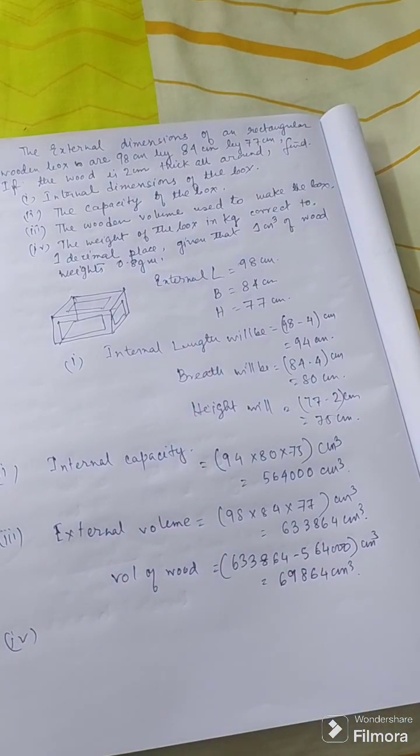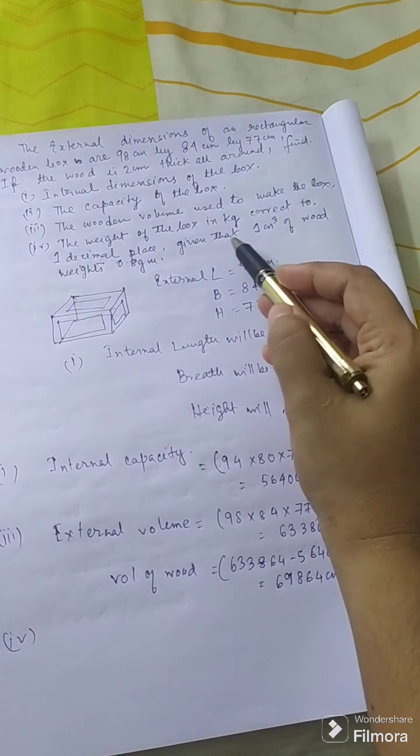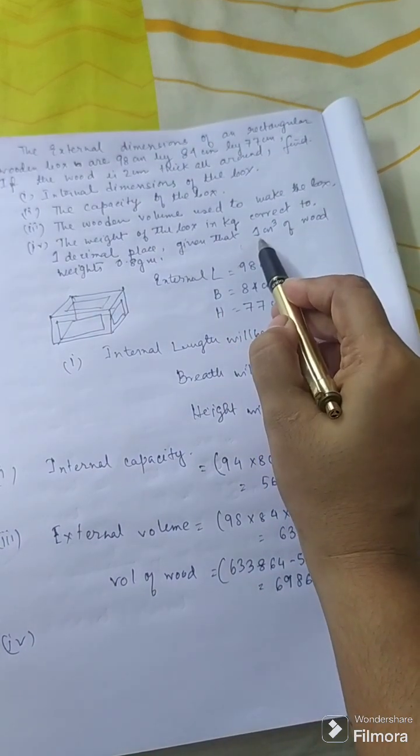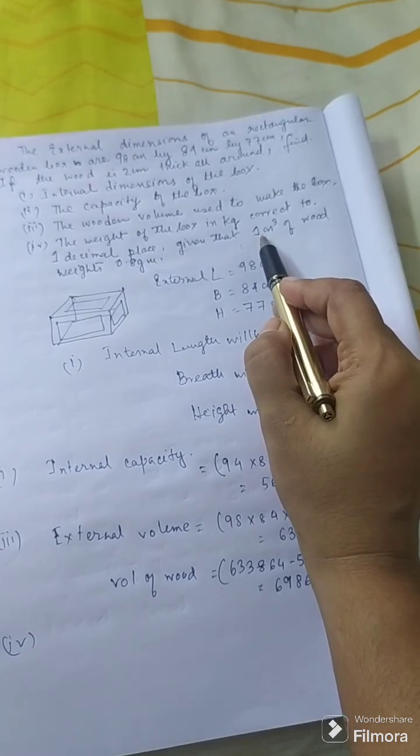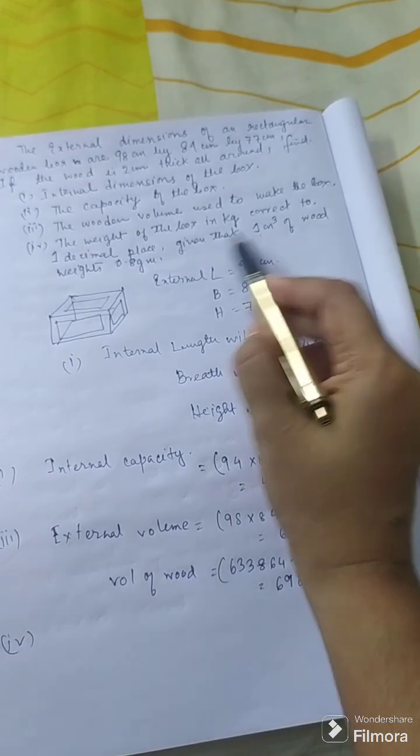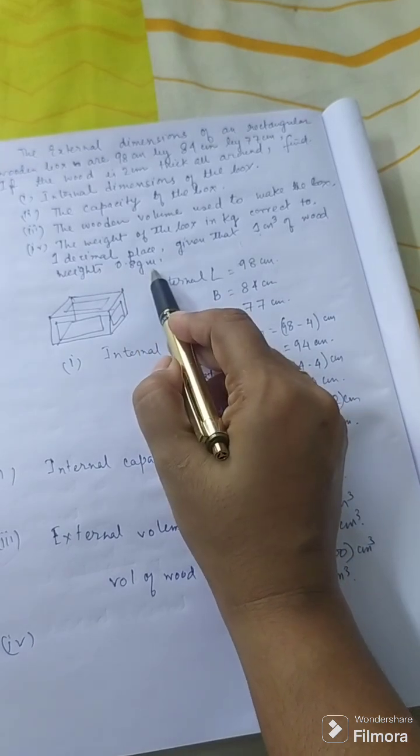Now the last question, the weight of the box. Obviously the weight of the box will be equivalent to the weight of the wood that is used for making this box. So what is it? Here look at the information given: for making the wooden box, for every 1 centimeter cube of the wood, the weight is 0.8 gram.